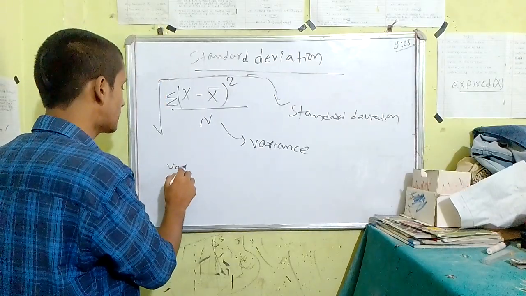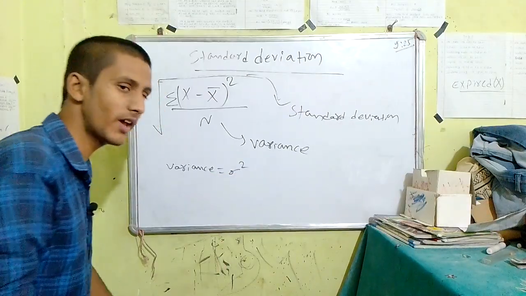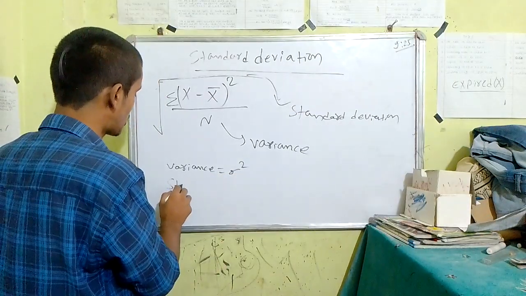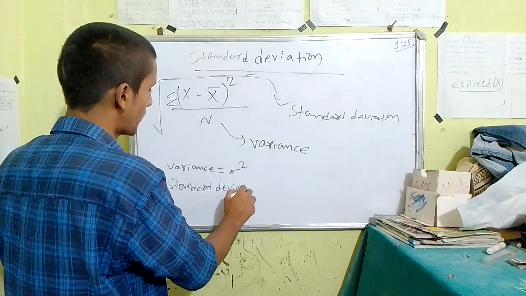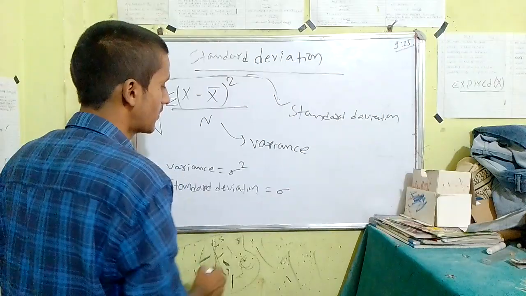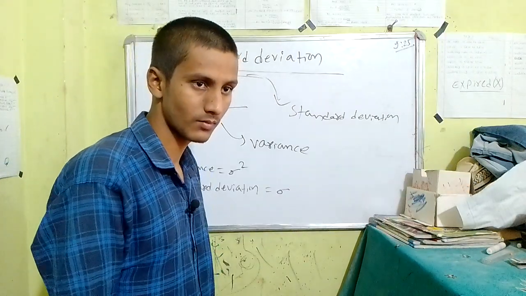That's why variance is denoted by sigma squared, and standard deviation is denoted by just sigma, in case of a population.